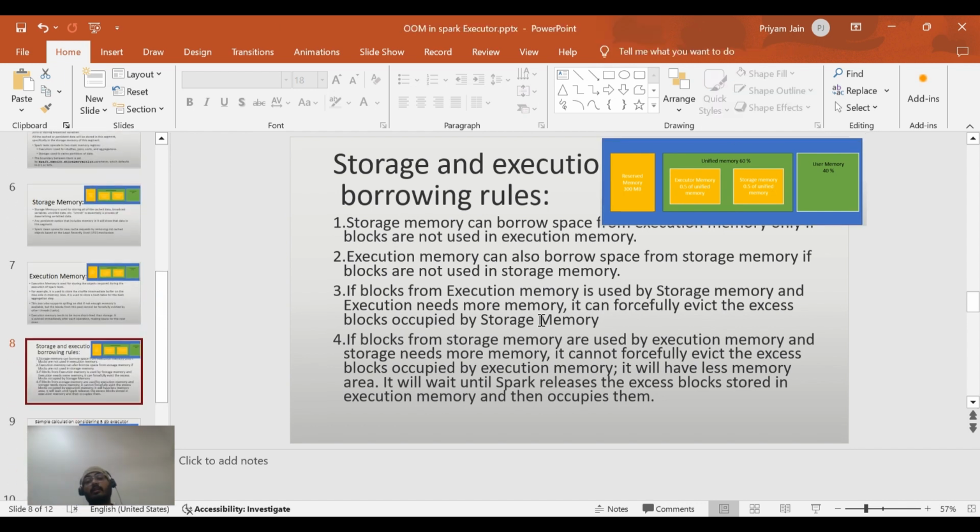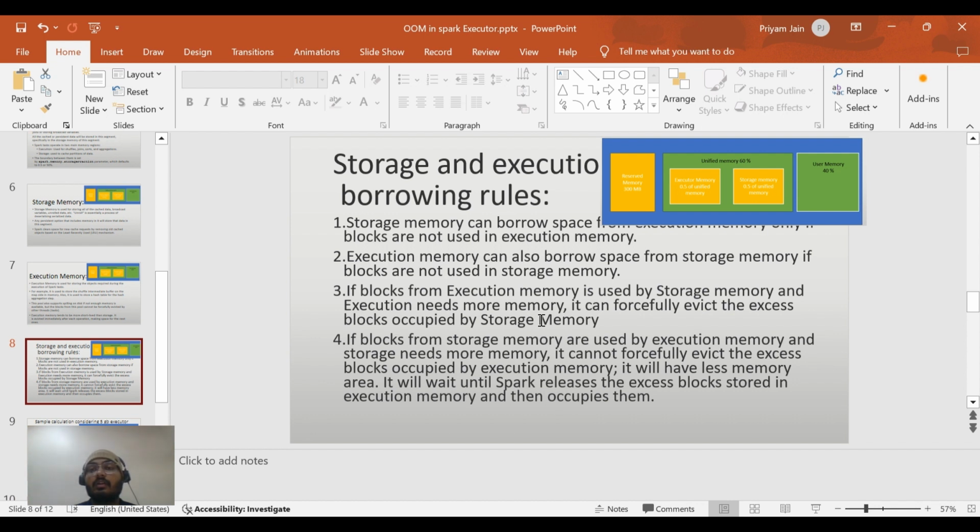A question like this can be asked in an interview. Suppose the execution memory has taken some part of the storage memory, right? And we need to cache some data. Then what will Spark do, right? The answer will be very short and sweet. Spark will only wait until the execution is finished and it releases the excess block stored in the execution memory.